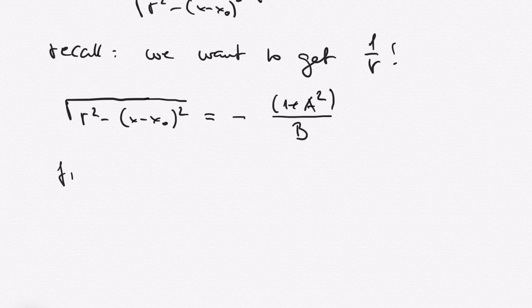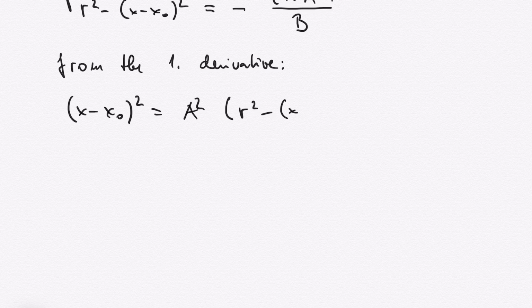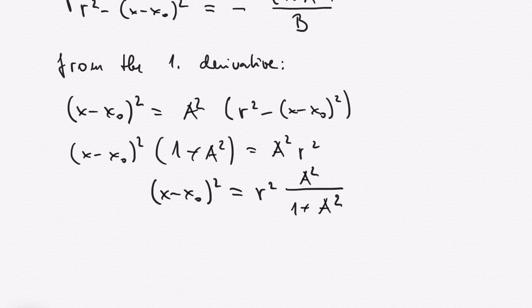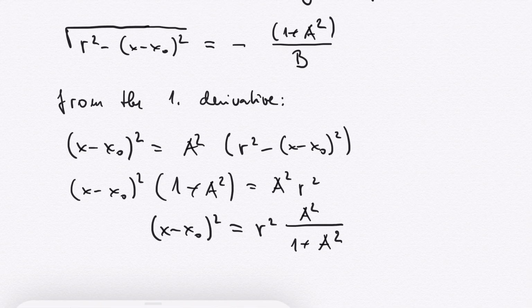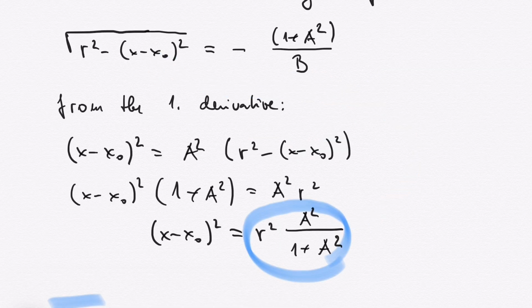We want to express this x minus x0 under the square root, so we will help ourselves with the first derivative. From the first derivative, we see that x minus x0 squared is equal to a squared times the bracket r squared minus x0 squared. We manipulate this equation, and from this we can express x minus x0 squared as r squared a squared over 1 plus a squared. You see, we replace with this the term under the square root over there.